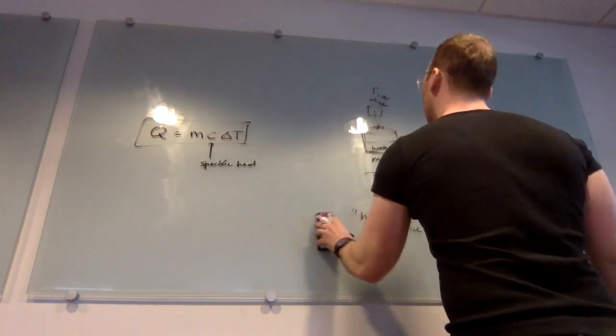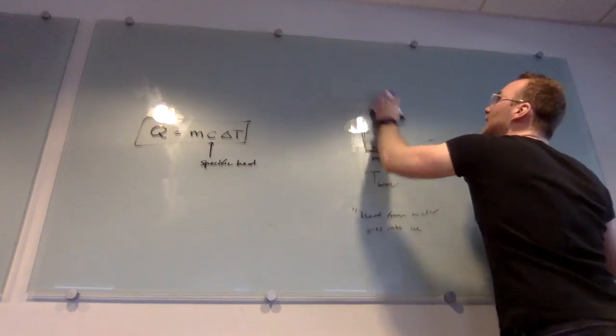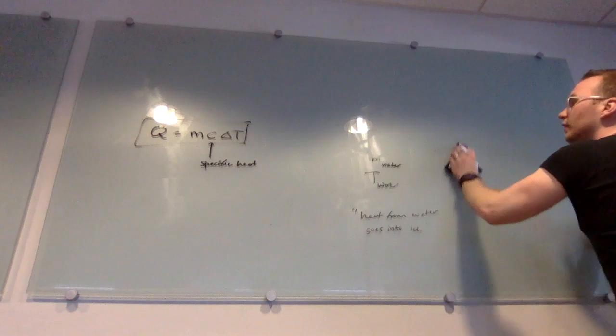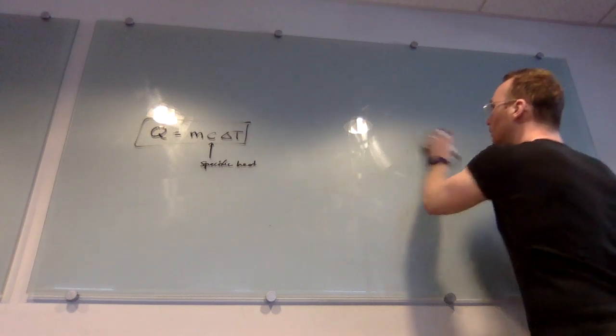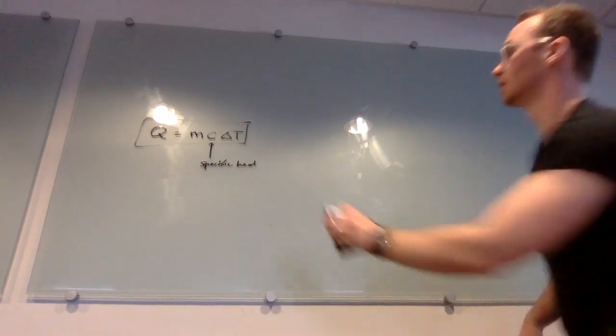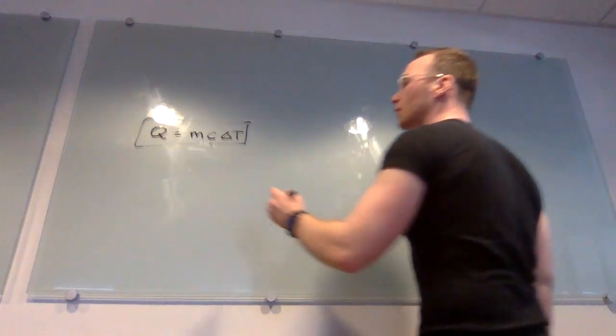Let me erase all of this, and I'll draw the stages of what's happening, because this is a little harder than just conserving heat. What are the stages of what's happening?